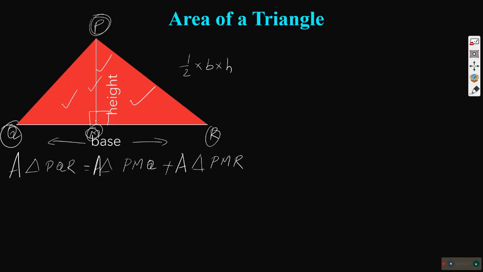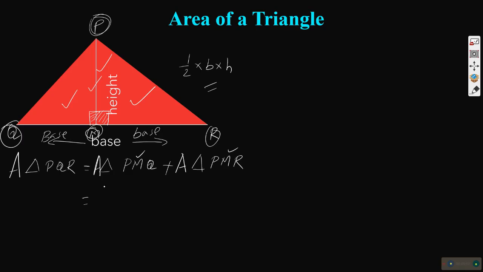Now these two are right angled triangles. Look here, because of the perpendicular, both are right angled at M. So we can apply the formula here. What is the formula of a right angle triangle? Just now we learned that it is half base into height. That is very clear. So this is the base of triangle PMR and this is the base of triangle PMQ. So we have bases and a common height. No problem. We will write that over here.